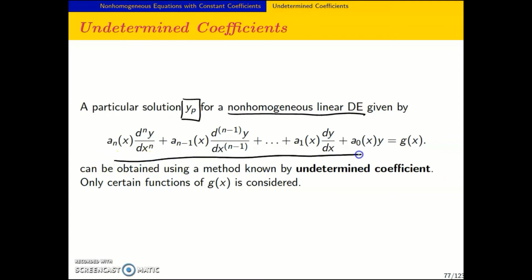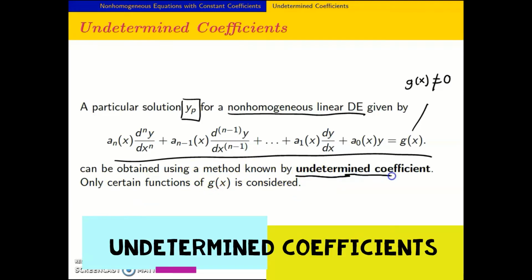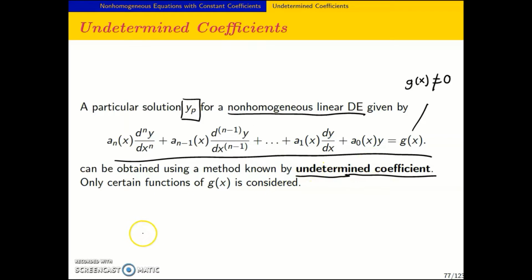Take note, my g(x) is not equal to 0. It can be obtained using a method known as undetermined coefficients. So this is what we want to look at.